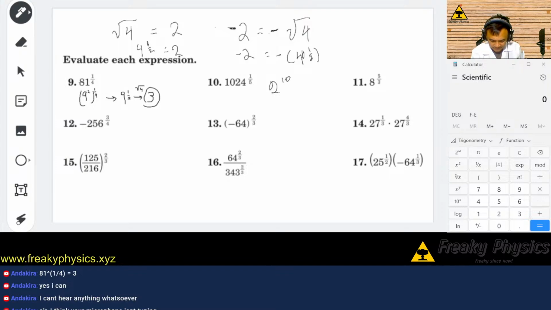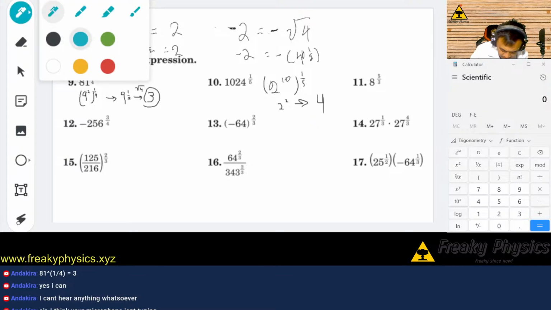And then you do the 1/5 thing, which makes 2 to the 2, which is 4. Correct.